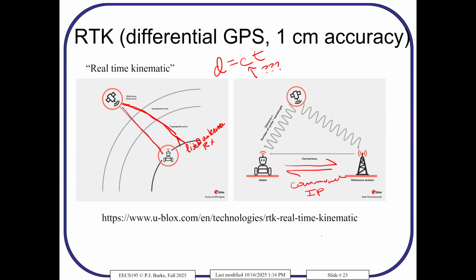That can be good because you don't know exactly where you are, but you know where you are relative to the reference station. And with that, you can get 1 centimeter of accuracy. The name of that is real-time kinematic, and that's what is used for surveying.